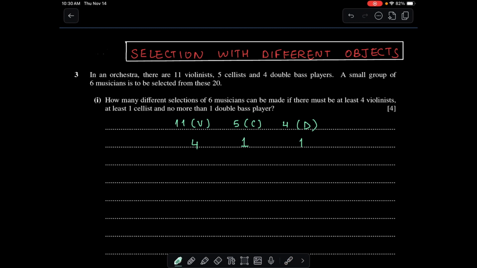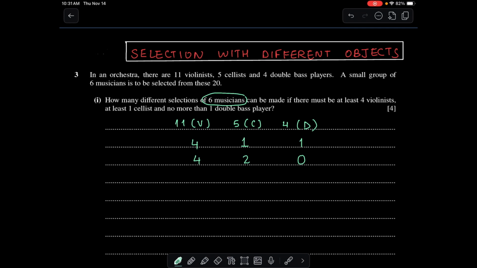So in this manner, we need to select 6 musicians over here. Okay, so this is our first selection, 4, 1, 1. Let's say we do not select any double bass player. In that case, we can add another cellist, for example, and we keep the number of violins the same.